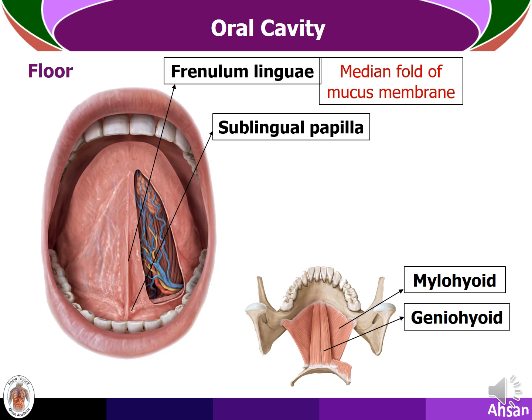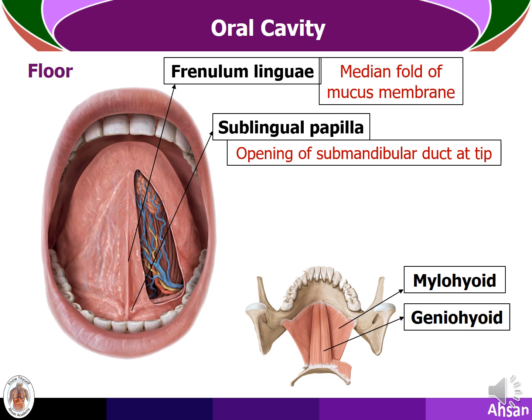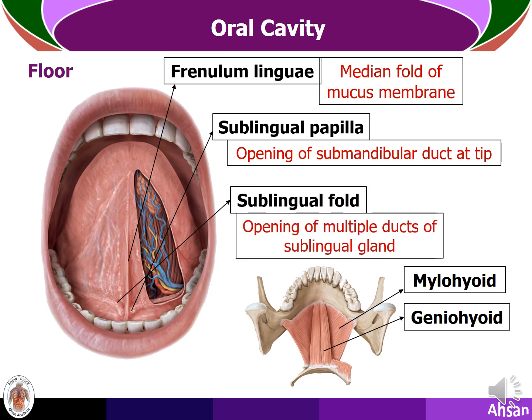This is the sublingual papilla, and it contains the opening of the submandibular duct at the tip. The sublingual fold has a series of openings of the sublingual glands. The number of openings varies from 8 to 20.